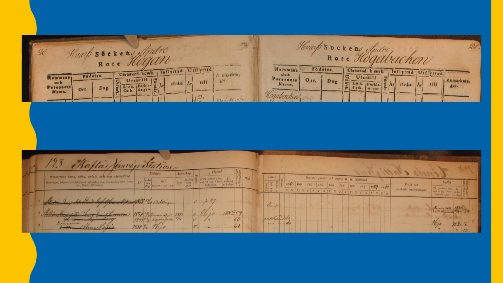For example, on the top we see that there are people on the left side and different people on the right side. We can tell that because the headings repeat themselves. The first column on the left side is the same as the first column on the right side, and so forth.